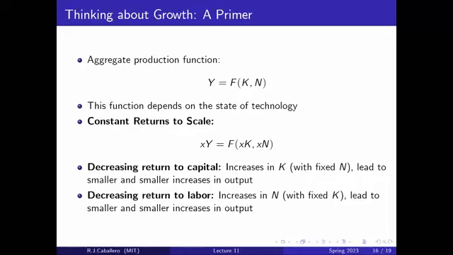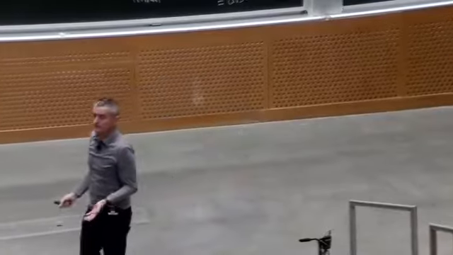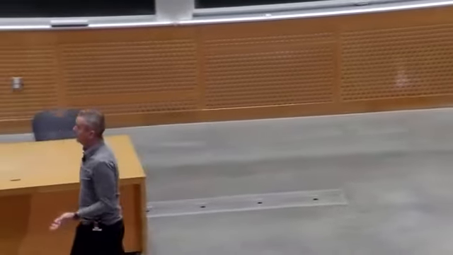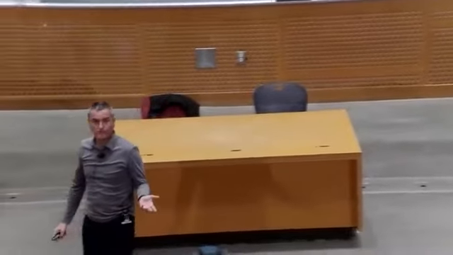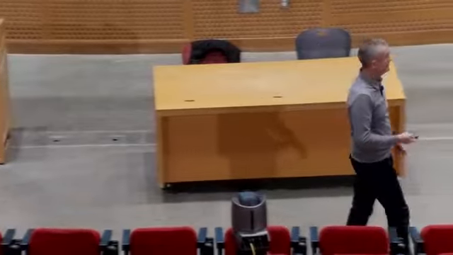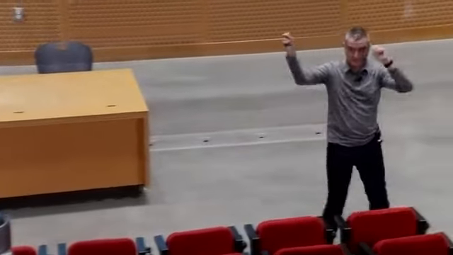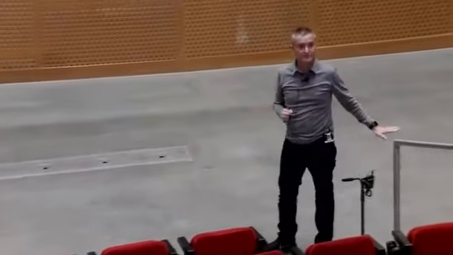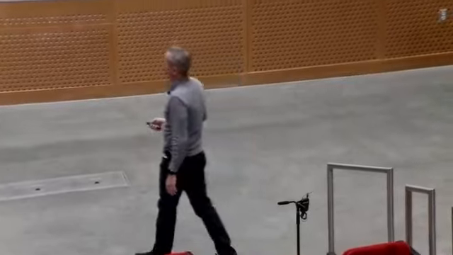So a production function we used a lot was a Cobb-Douglas, output equals square root of K times square root of N. The sum of those exponents is 1. So that's a production function with constant returns to scale. Anything where the exponents add up to 1 is a constant returns to scale technology.